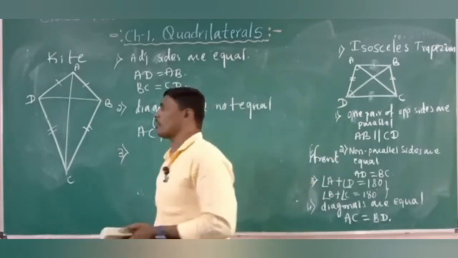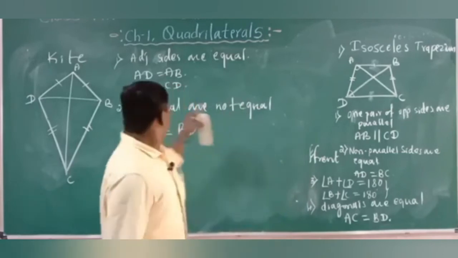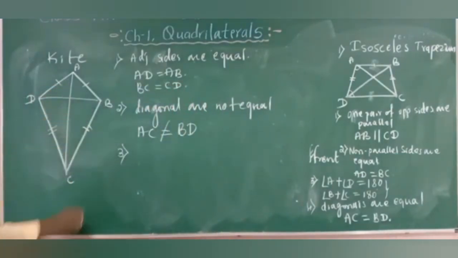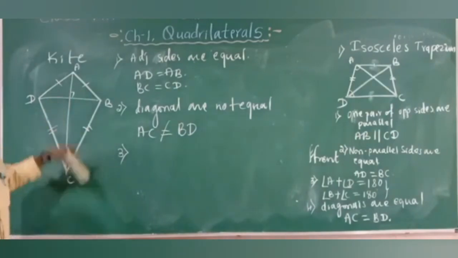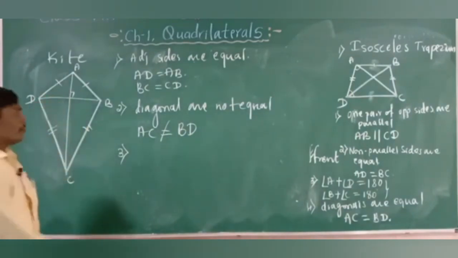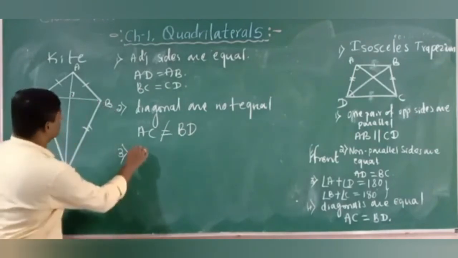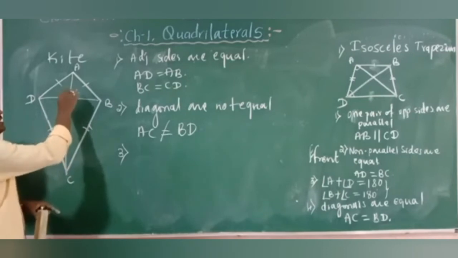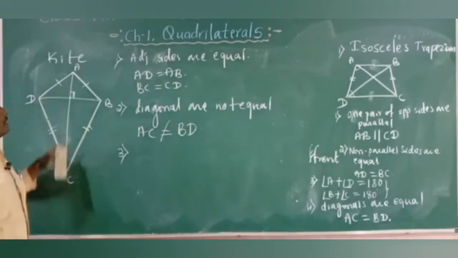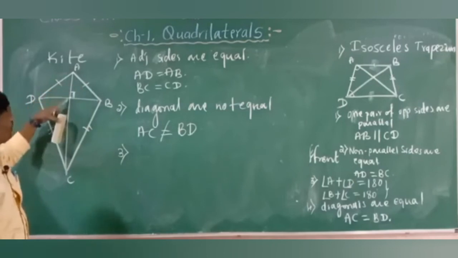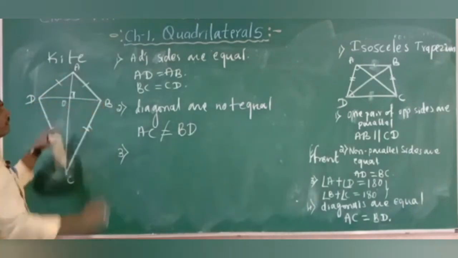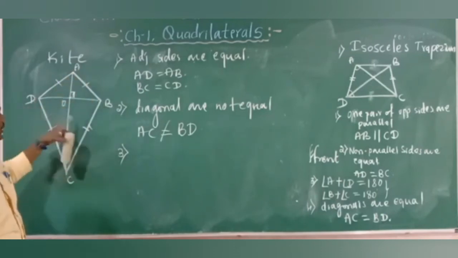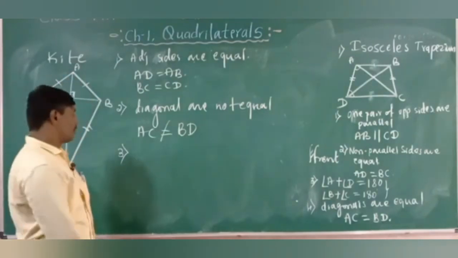Next, the third property. Here AC and BD are the two diagonals. When these two diagonals intersect, they intersect perpendicularly. It means when the two diagonals intersect each other, they form 90 degrees at the point of intersection. Again, angle AOB is equal to 90 degrees, or angle AOD is equal to 90 degrees, and the remaining two angles are also 90 degrees.